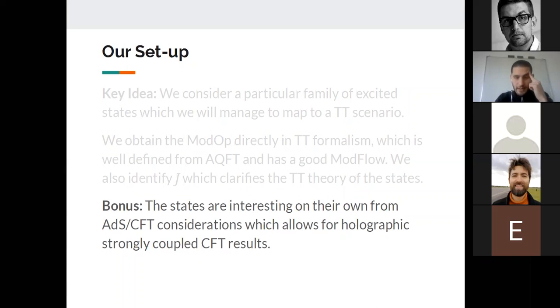And as a bonus, these states that we can map to a TT scenario are interesting on their own from the AdS/CFT considerations because we will have a map for them both. We'll be able to do some computations in the CFT and also in the AdS side, and we can map back and forth between these two scenarios.